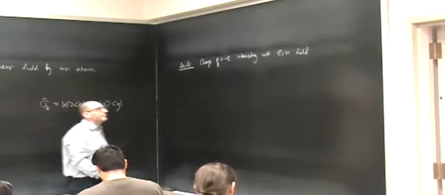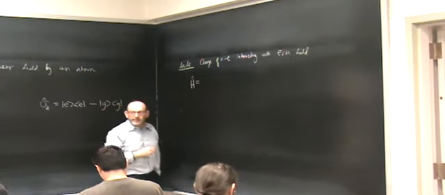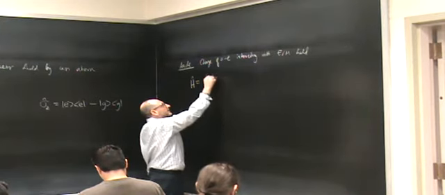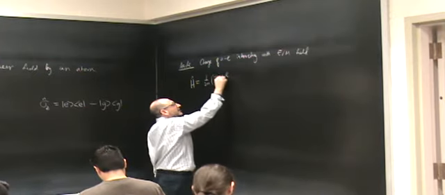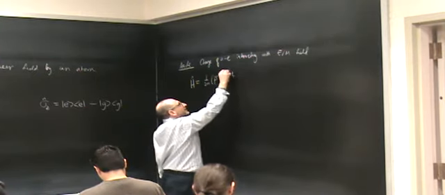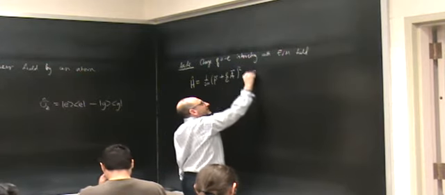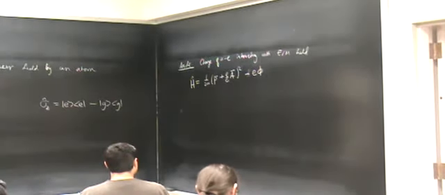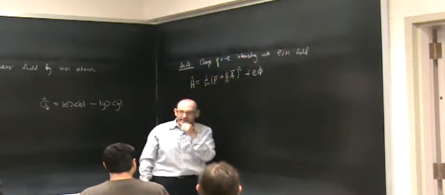Okay, so we wrote down in that case the Hamiltonian as, that's how we wrote down the Hamiltonian involving the potentials, the vector potential and the scalar potential.